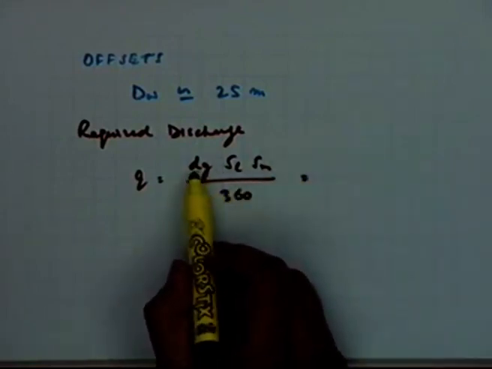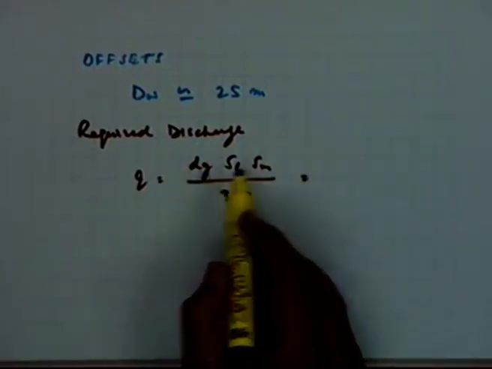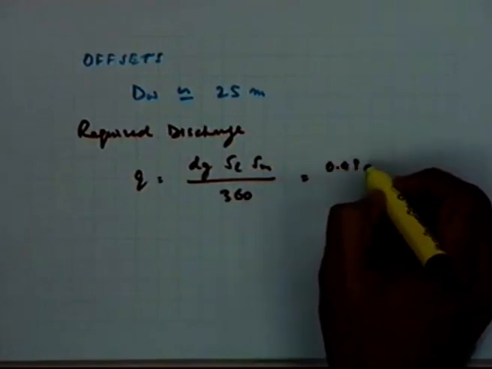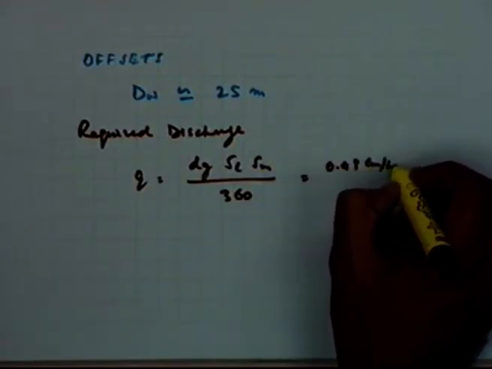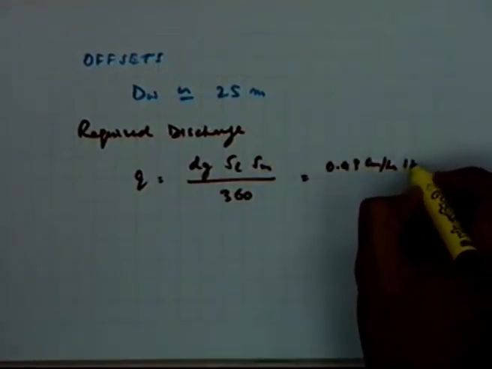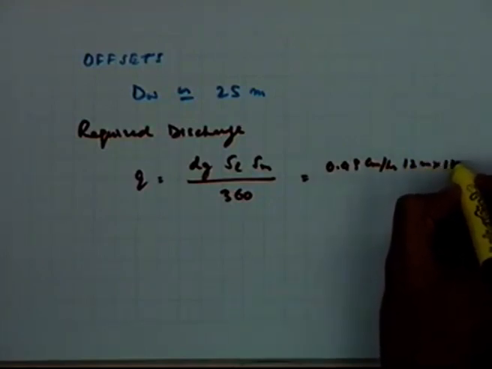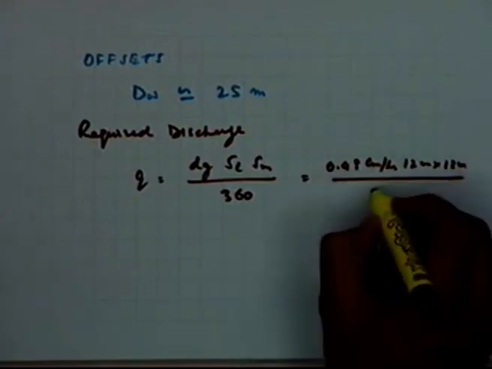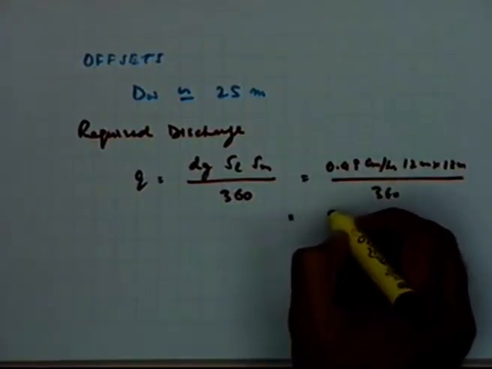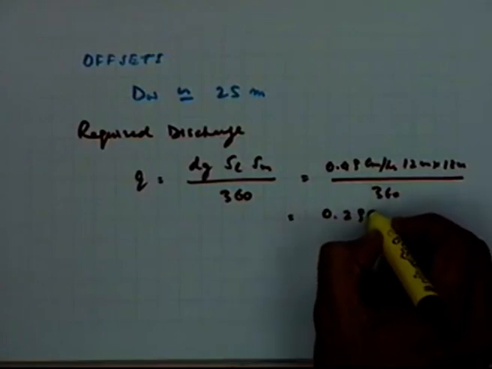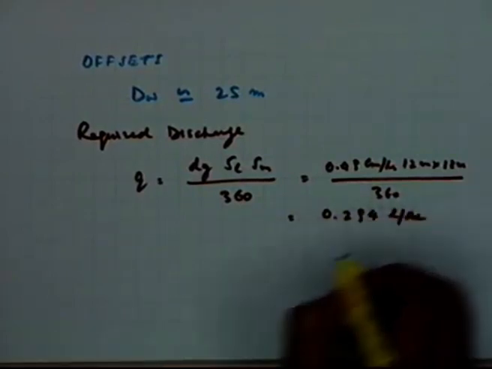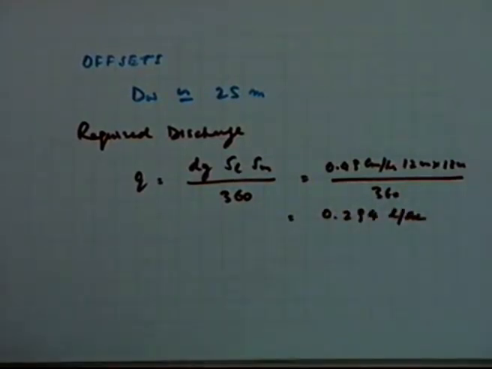Now, you know dG is 0.49 centimeters per hour. This is 12 meters into 18 meters by 360, and this gives a discharge of 0.294 liters per second.